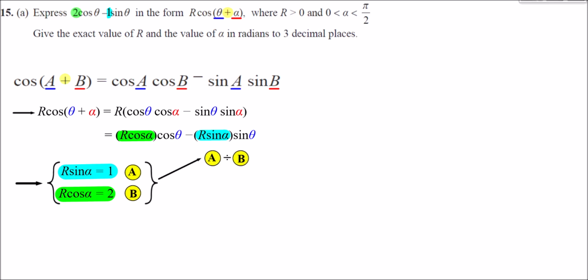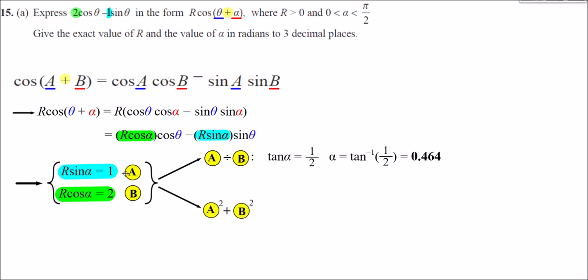A divided by B: r sin alpha divided by r cos alpha, the r's cancel, and sine over cos gives me tan alpha, which is a half. I can therefore do arctan to work out alpha, correct to 3 decimal places. So alpha is tan minus 1 of a half, which rounds to 0.464.